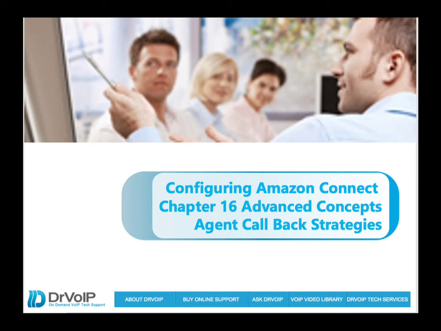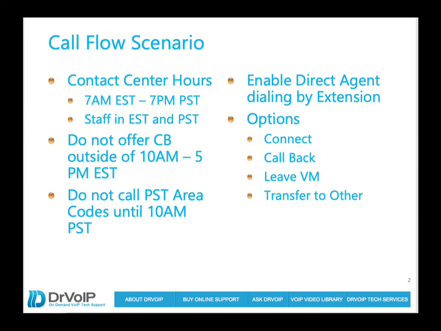So the call flow scenario we want to take a look at is kind of interesting, especially if you understand AWS's callback process. So let's take a scenario. The scenario is I have a call center and it opens at 7 a.m. Eastern Standard Time.